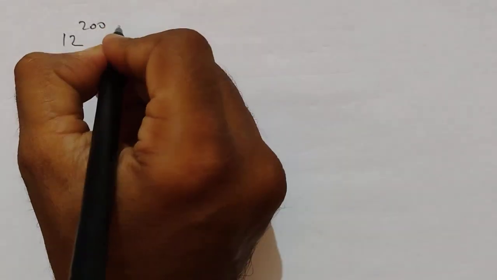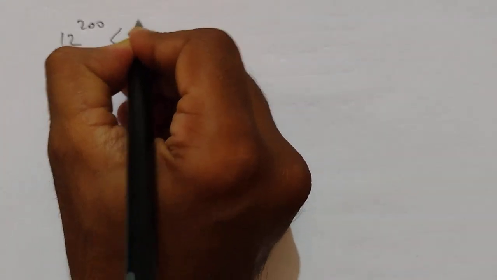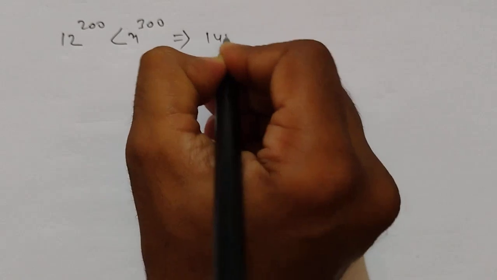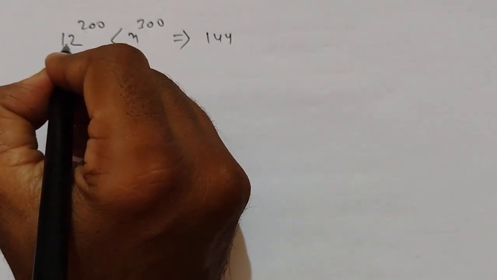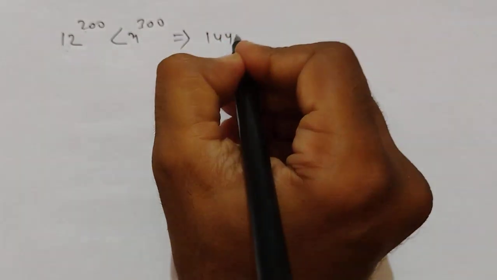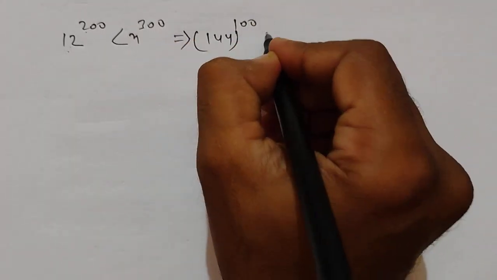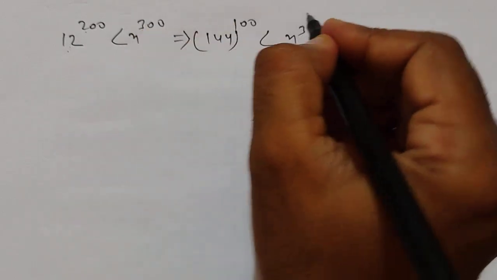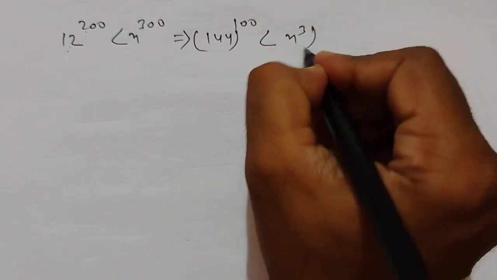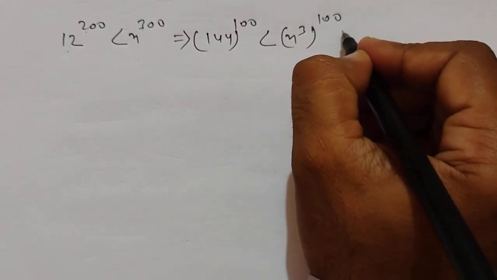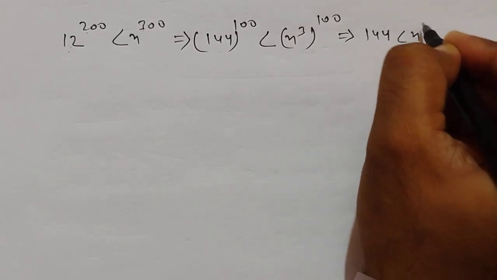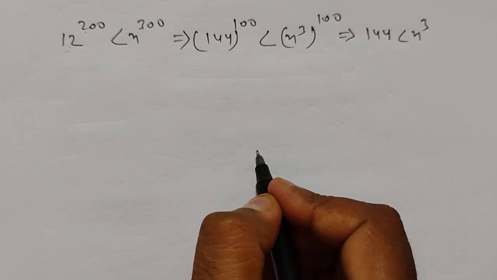Now we can write 5 to the power 3 is less than 144, and this is less than 6 to the power 3, and this implies that n is equal to 6. So we can compare the bases for n, like n is equal to 6.